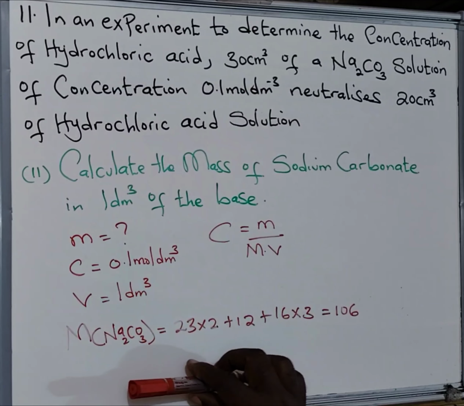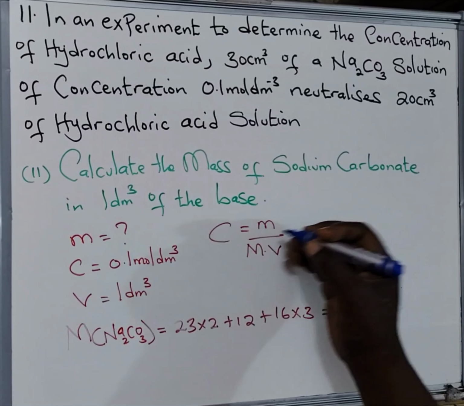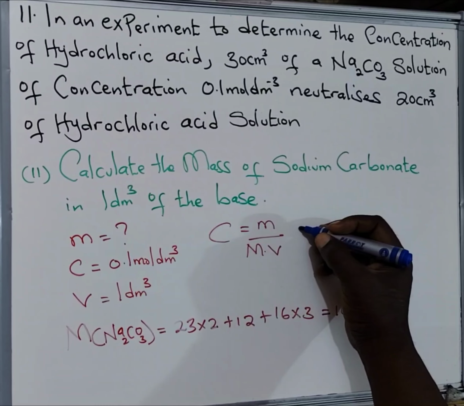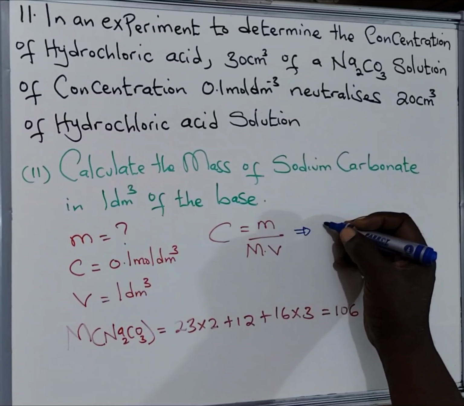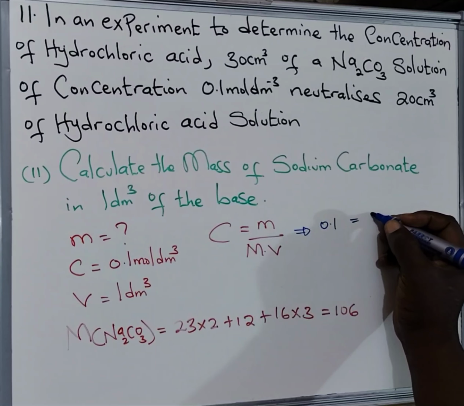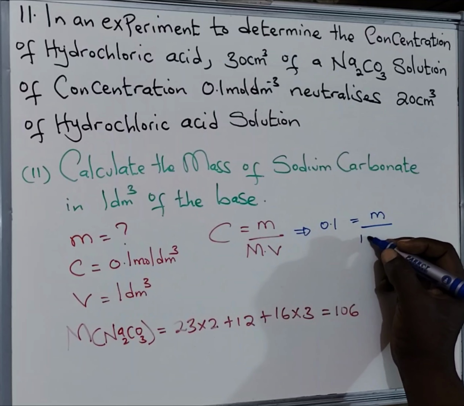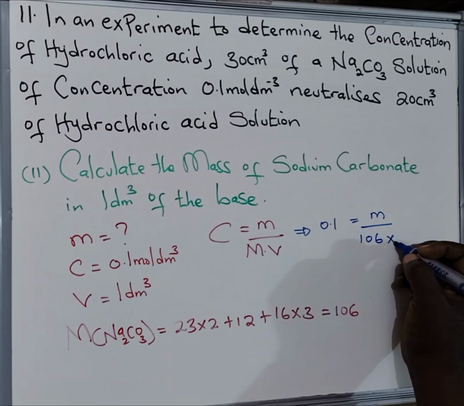Now we have all the data to do the calculation of the mass. You substitute. Our concentration is 0.1. Our mass is needed. Our molar mass, we know it, 106.